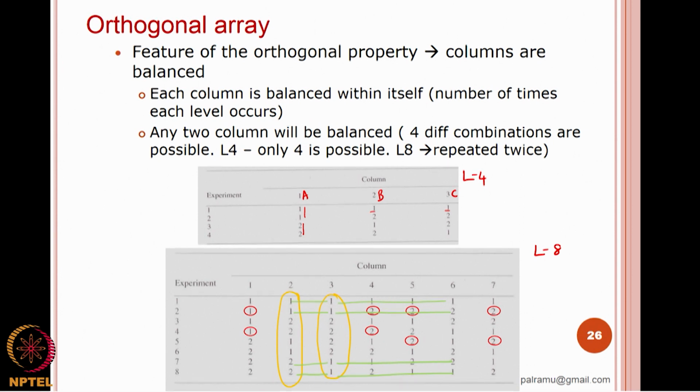You understand the question? There is also a relationship between the number of experiments and the number of columns: it is n minus 1. If you have 4 experiments, you will have 3 columns. If you have 8 experiments, you will have 7 columns.